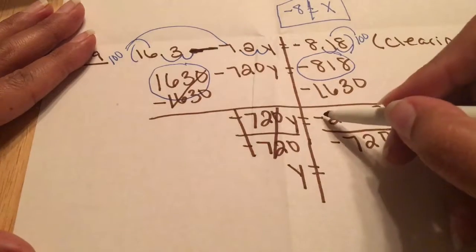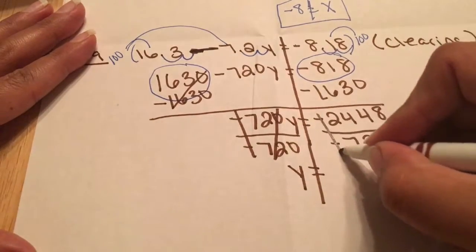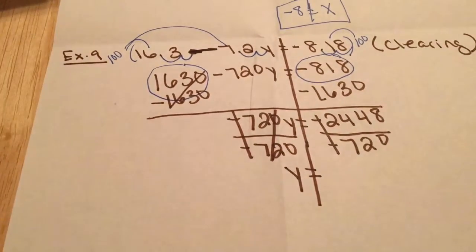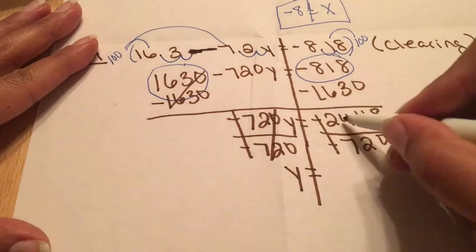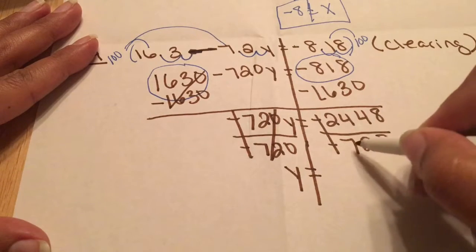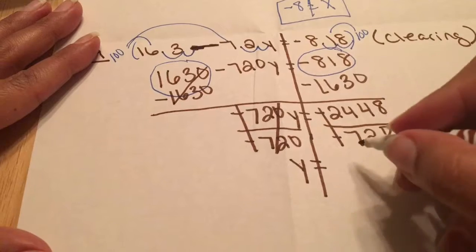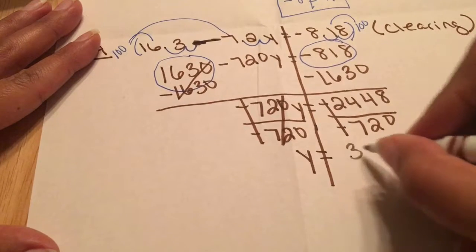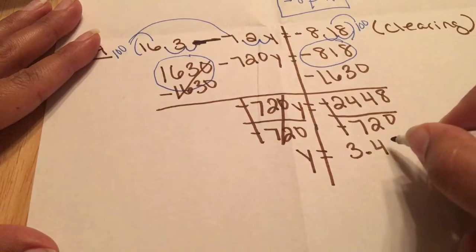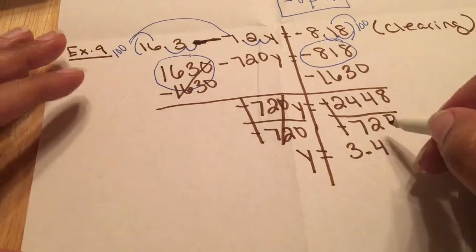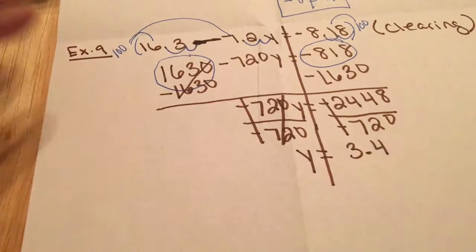On the right side, a negative divided by a negative is going to be a positive, so I'm going to get rid of those signs. And then 2,448 divided by 720 is going to be, when we divide, 3.4. So we're done. And we got the same answer that we did on number 4.